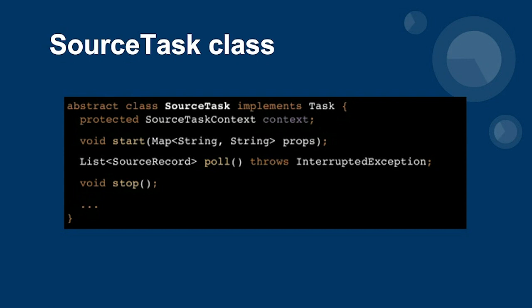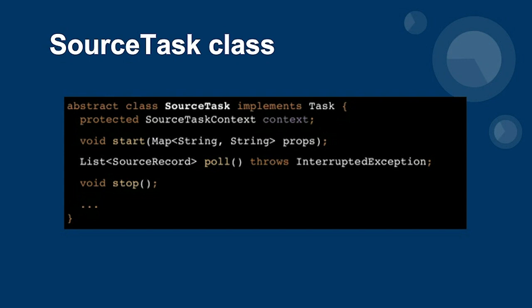The start method. In start, we read previously committed offsets using the source task context by accessing the offset storage reader and configure the external system client accordingly. We can start reading records from the previously left position. So what we do over here is we just access the source task context object.